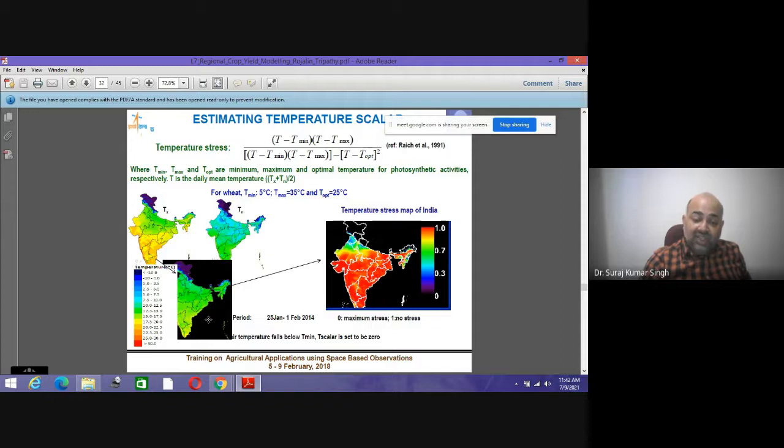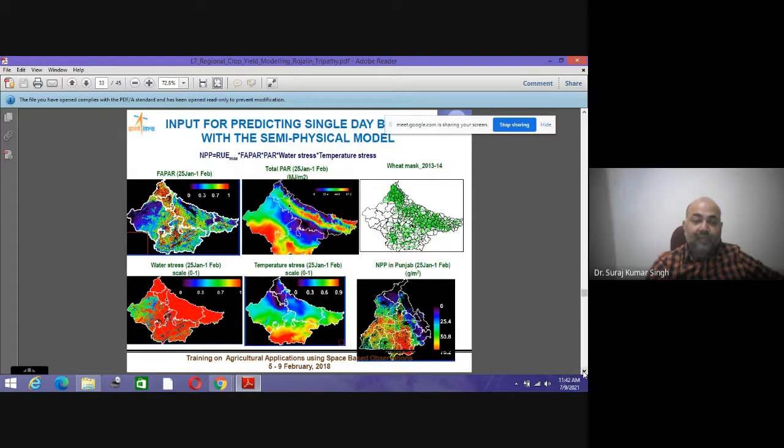We can say, on the basis of temperature, which states are going to have drought-like conditions. Such studies can be easily done using remote sensing and GIS techniques. So you can see the inputs for predicting the single date semi variables, where we are looking at water stress.